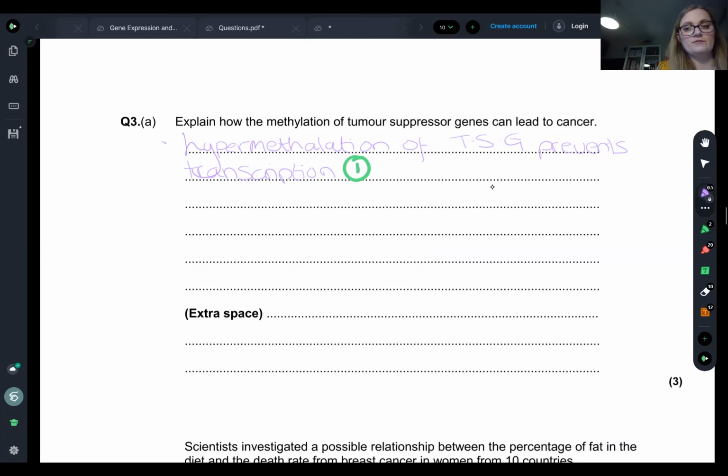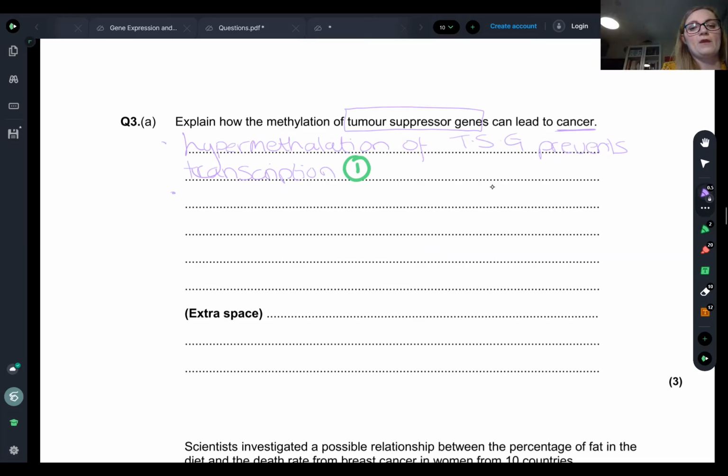But basically we're looking at how it leads to cancer specifically. So if transcription is prevented, now we're going to explain what a tumor suppressor gene does. If we methylate the tumor suppressor gene, it won't go through transcription. So if we hypermethylate it, it won't be transcribed.